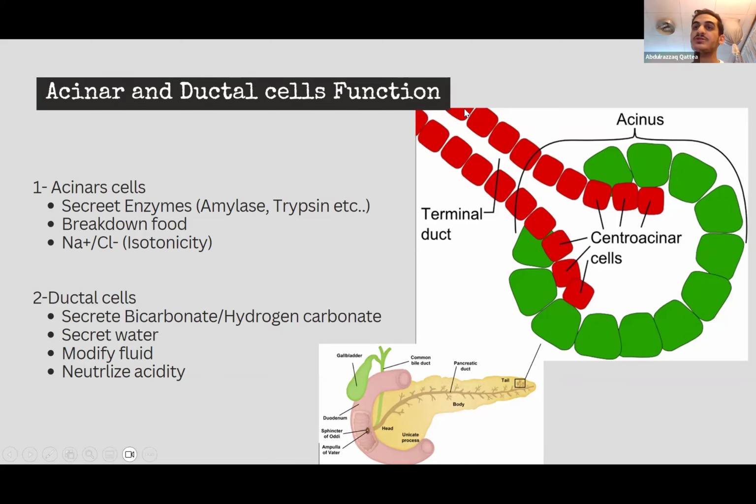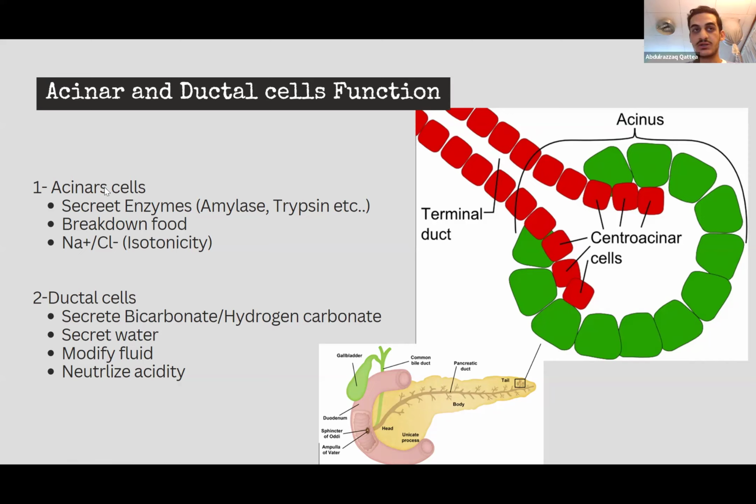If you look at this picture, it is a picture of the exocrine gland. The exocrine gland has acinus and ductal cells. The green part is the acinar cells, which are at the beginning of the gland.